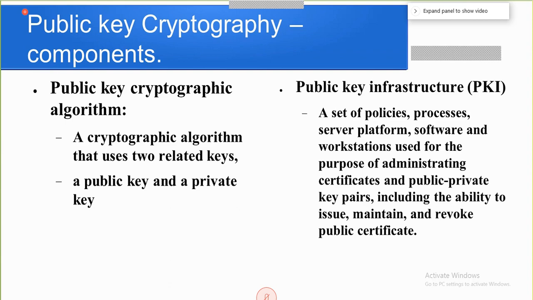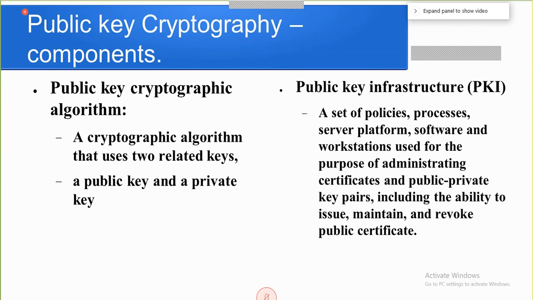And next is public key infrastructure, the complete system. This is a set of policies, processes, server platforms, software, workstations, etc., used for the purpose of administering certificates and public-private key pairs.